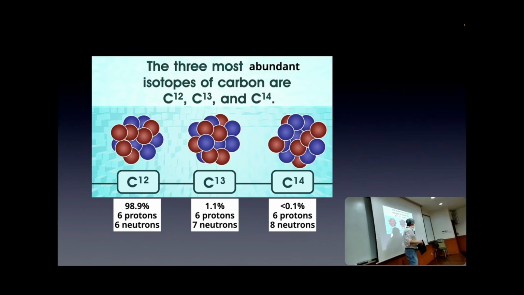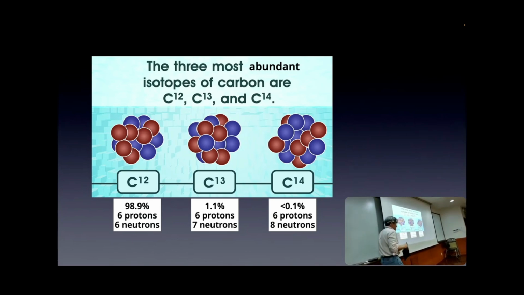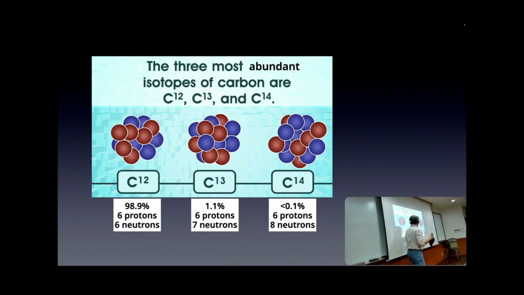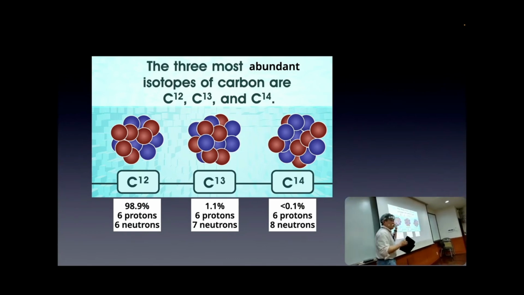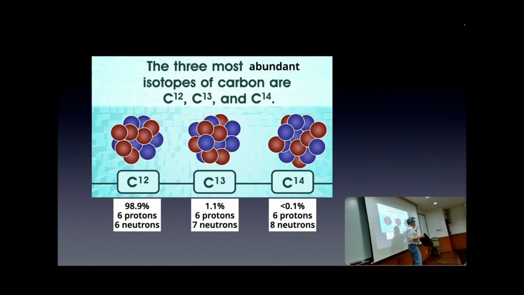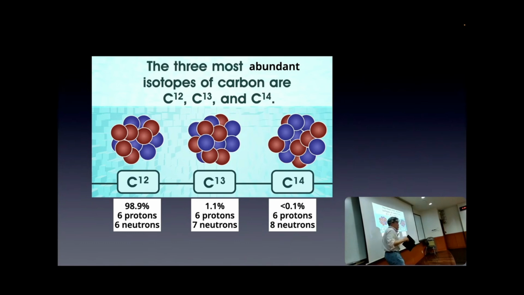Another one, C14, is more rare, less than 0.1% of all carbon. Other than C12, 13, 14, there are several other carbon isotopes that also exist, but they are extremely rare, so we don't want to worry about them.